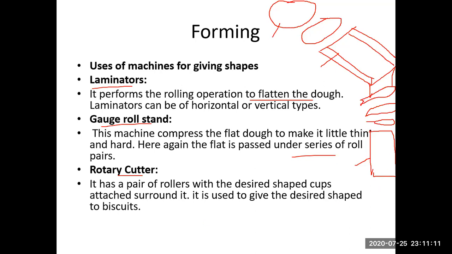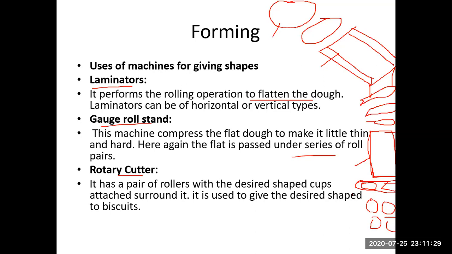Then these sheets go to the cutter section. Think of a rotary cutter with some shapes on it. Whenever the sheet goes under that rotary cutter, the biscuit will be prepared in that shape.